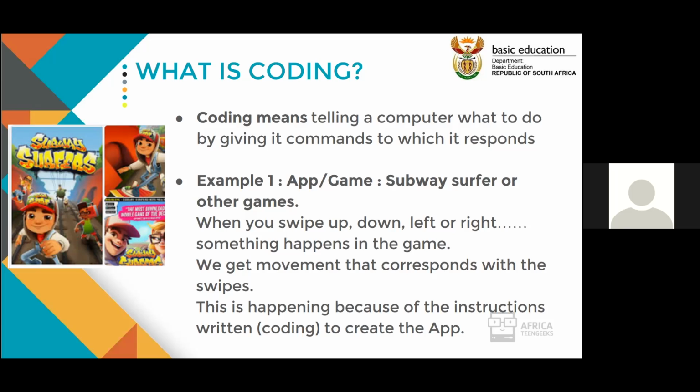Most often, for example in Subway Surfer or any other game, as the character is moving and there is something in its path, you probably will swipe up to jump and swipe down to go underneath the object in front. Now, what is happening? This is happening because the instructions written, or in other words, coding, is making this happen.